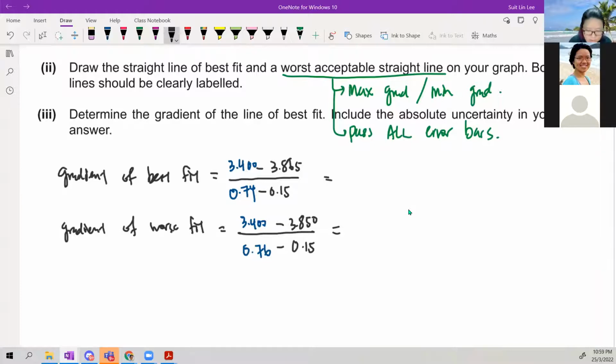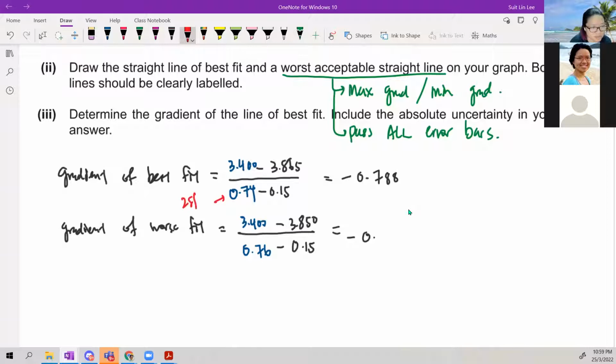Okay, let's take our calculator. Soldier on. Divide by 0.64 minus 0.15. This one is negative 0.7. Okay, SF, right? 2 SF, so I can increase 1 SF to 3. And that's how far I want to increase.